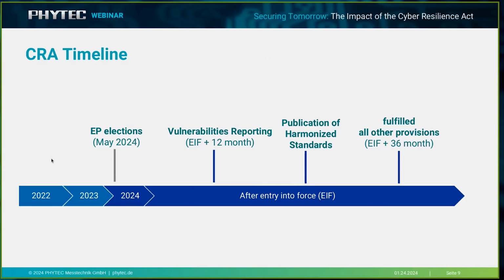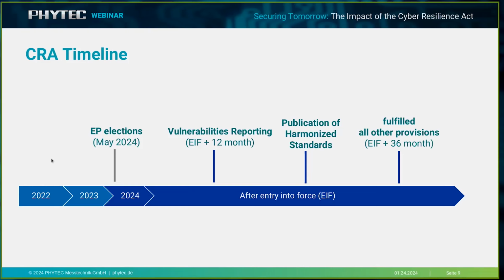And after the adoption of the regulation, we have 12 months to implement a vulnerability reporting and handling system for the products. And within 36 months, we have harmonized standards which we can orient on to make an assessment of the products.